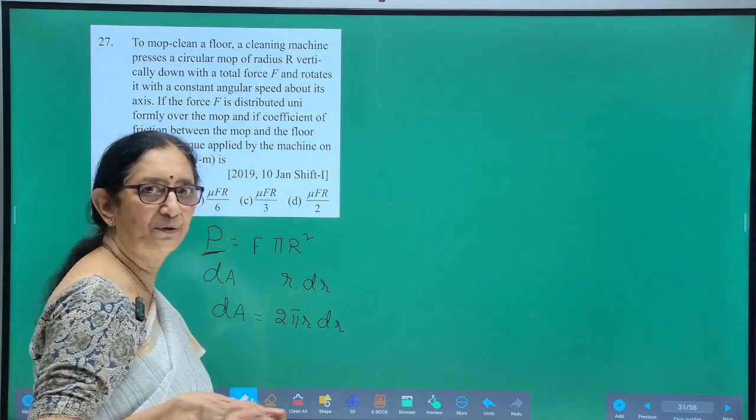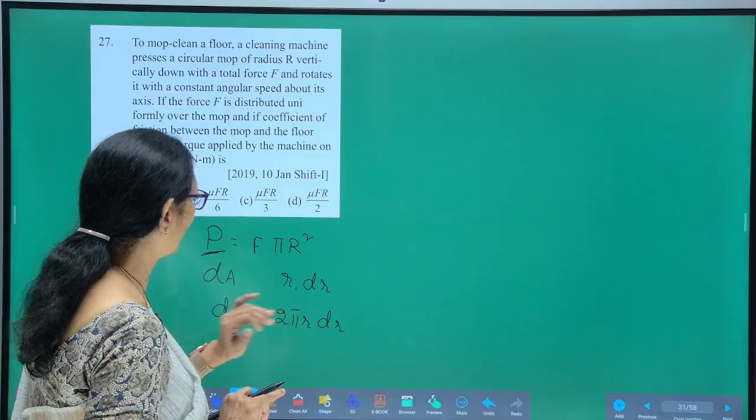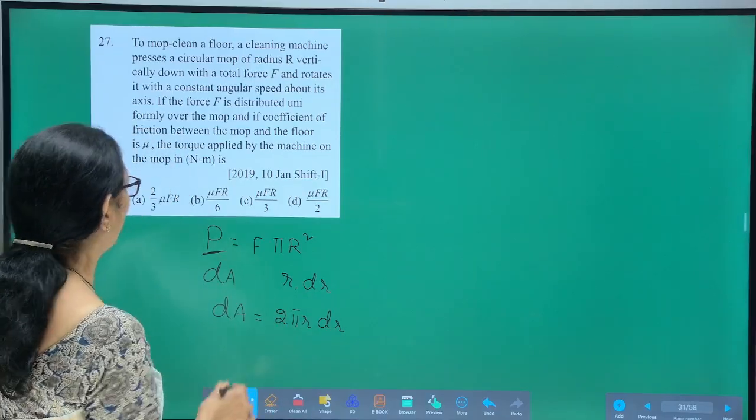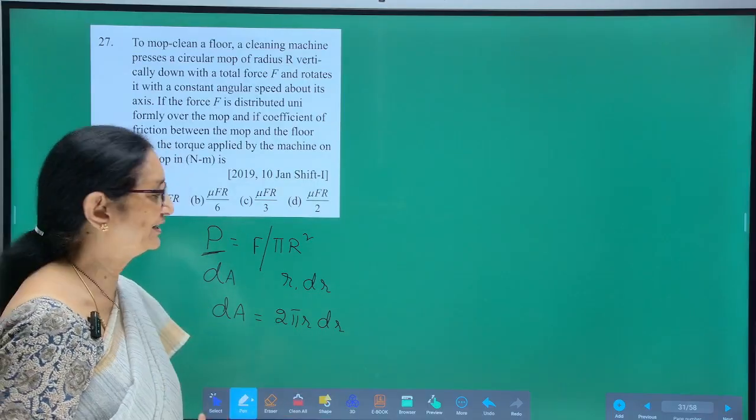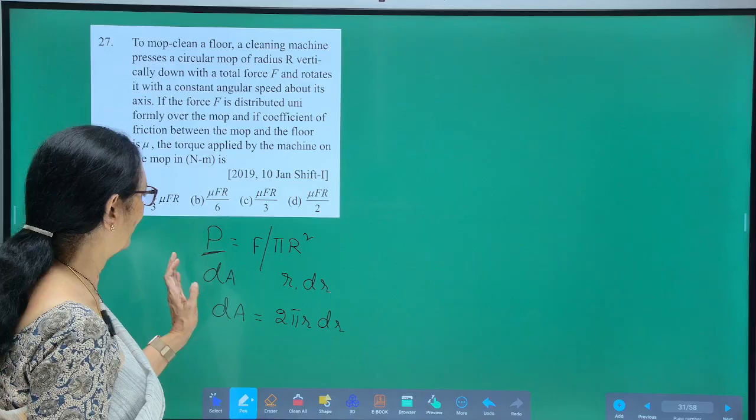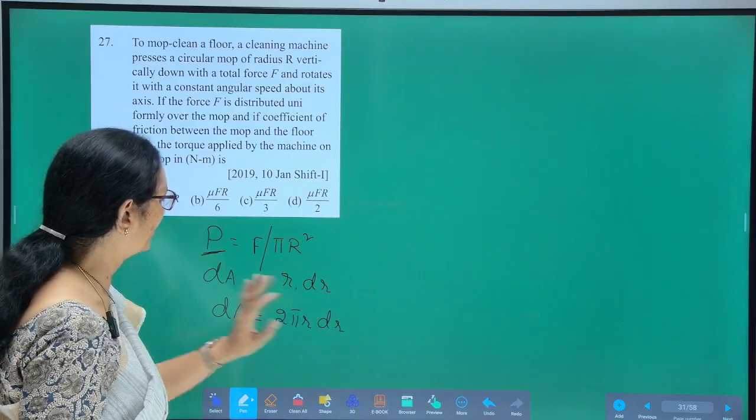Pressure is distributed uniformly. Pressure is F by A, isn't it? Force per unit area. So, force is equal to pressure into area.